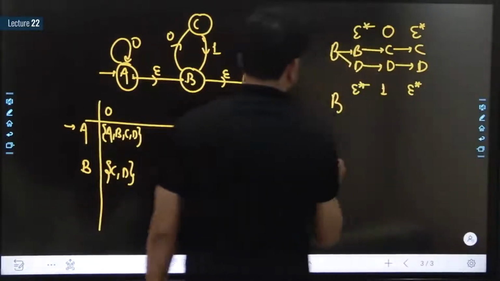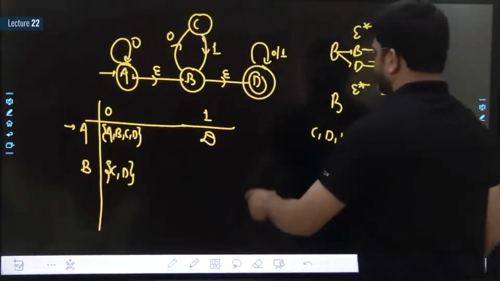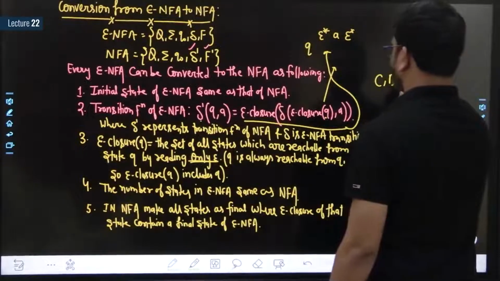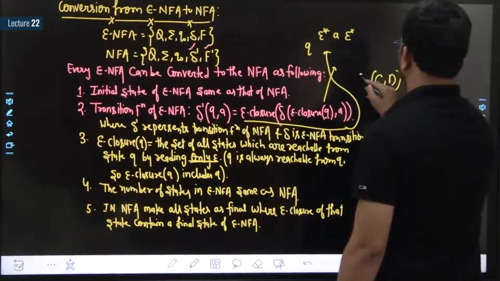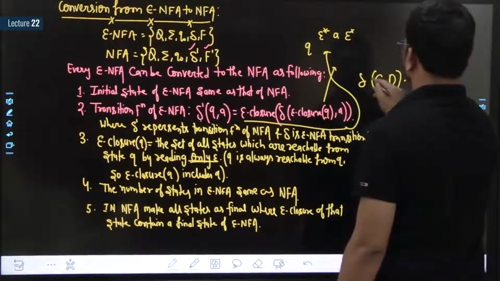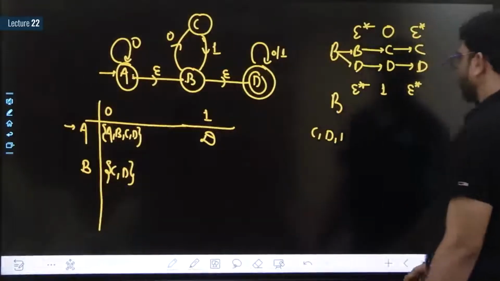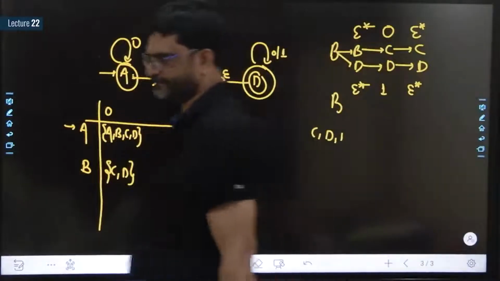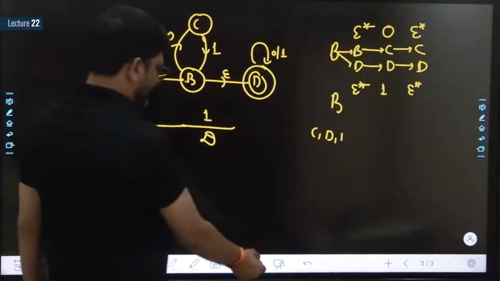Epsilon closure of B is C comma D. Now find the transitions on these, and again find the epsilon closure. So in short, we can directly write it like this. Clear?